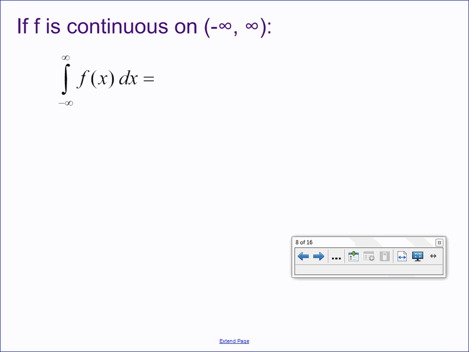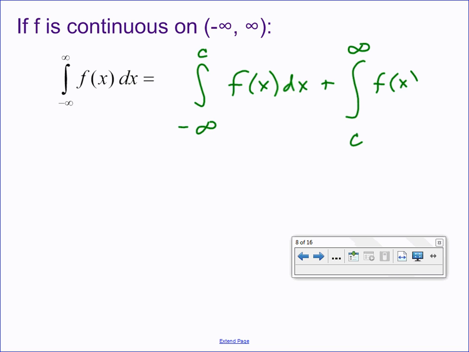And so our first step here, we could rewrite this as the integral from negative infinity to any constant value, call it c, of f of x dx, plus the integral from c to infinity of f of x dx. This then generated two improper integrals where you can now replace the infinite limit with a limit as a goes to negative infinity or limit as b goes to infinity and carry on. So I just wanted to include this one more time because we'll need it for today's discussion.